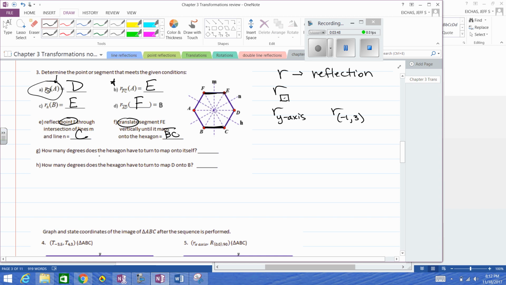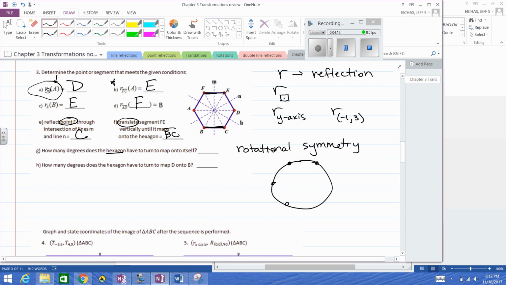How many degrees does a hexagon have to turn to map onto itself? That goes back to our symmetry. So this one, G, is talking about rotational symmetry. Okay? So it should say a regular hexagon, technically. A regular hexagon has 6 equally spaced dots.